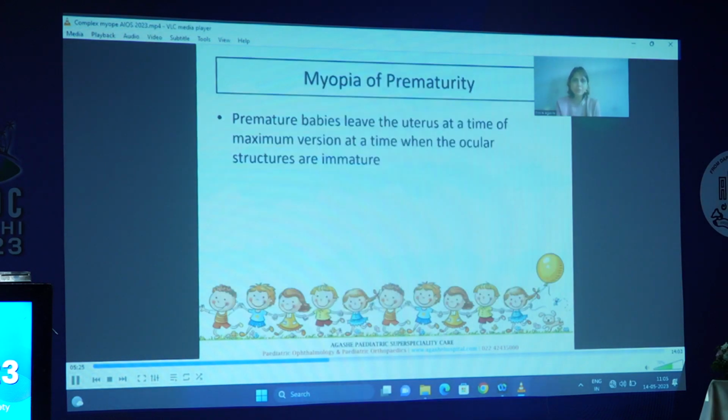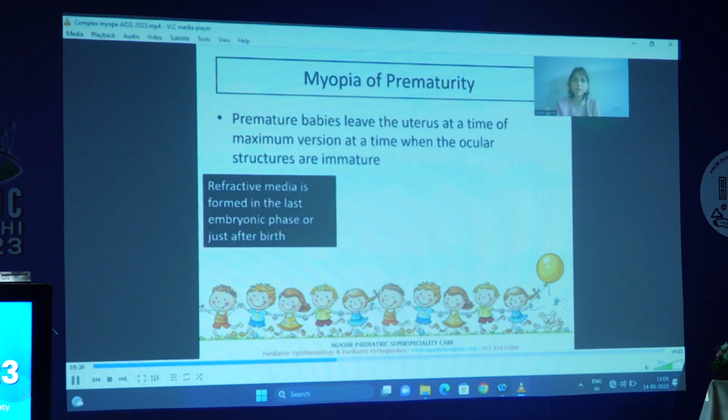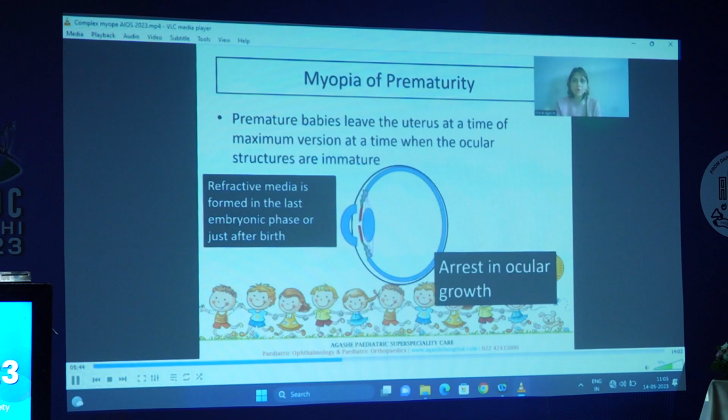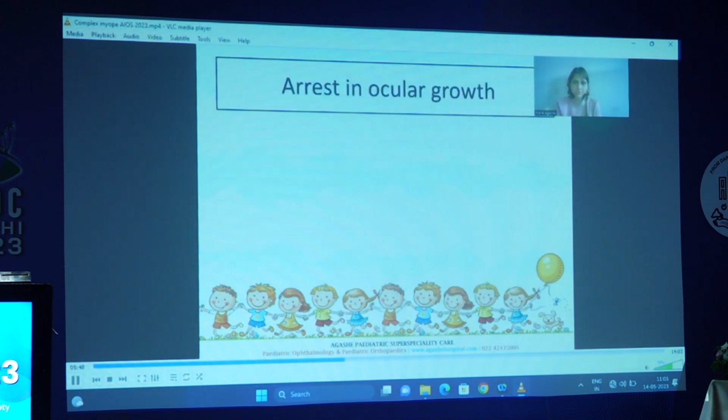So what is different about this is basically in premature babies, the ocular structures are still immature because they leave the uterus at a time when the ocular growth is not complete. Refractive media is formed in the last embryonic phase or just after birth. So when the babies are born early, it results in the arrest of the ocular growth.